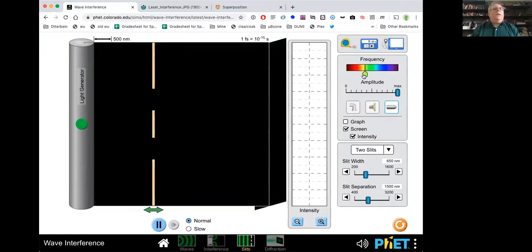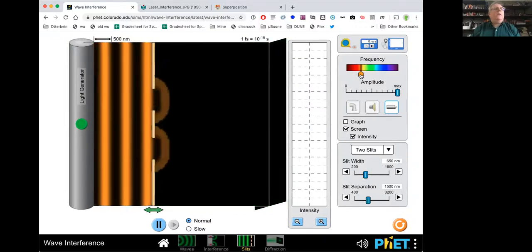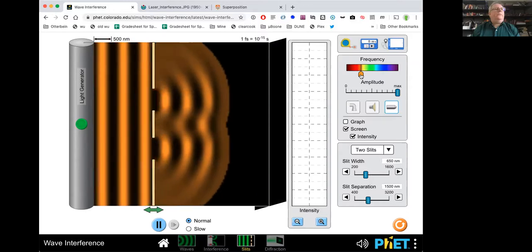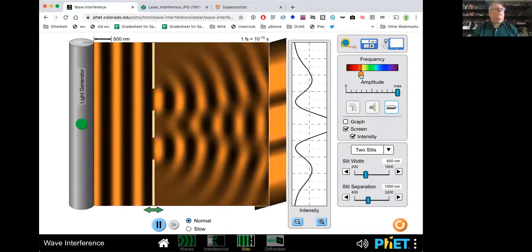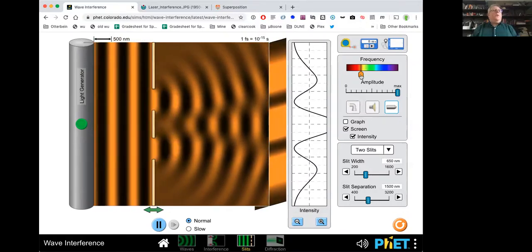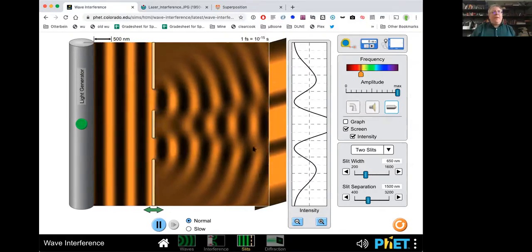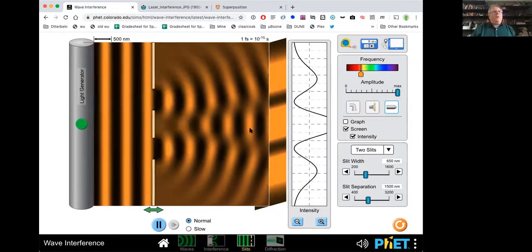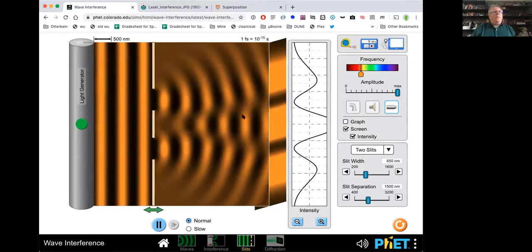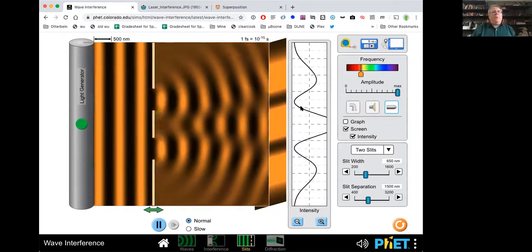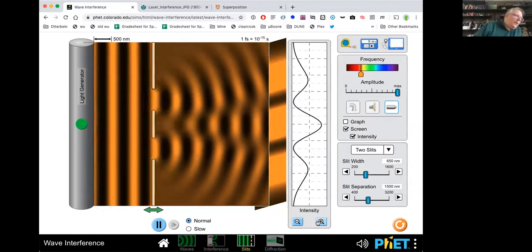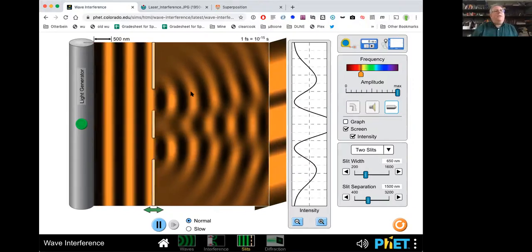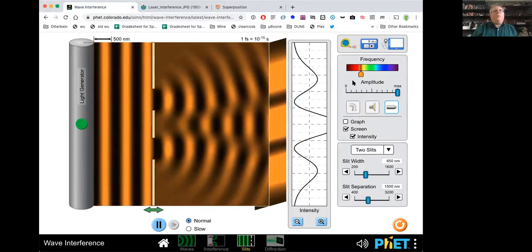Let's make that light a little redder. So here you can see these 3 bands, right? There's the center band where it's the same distance from both slits, and you see a bright spot there, which corresponds to a big peak. And then you see there's this line here and this line here, which corresponds to 2 more spots.